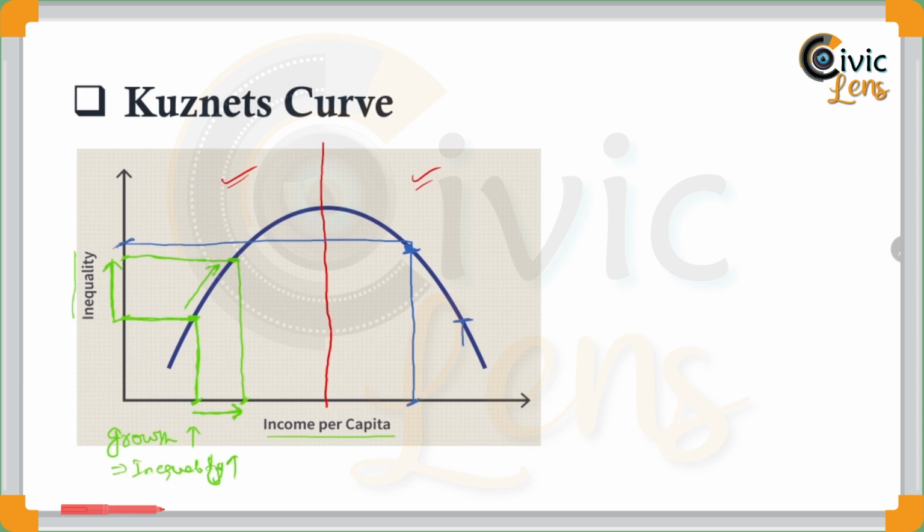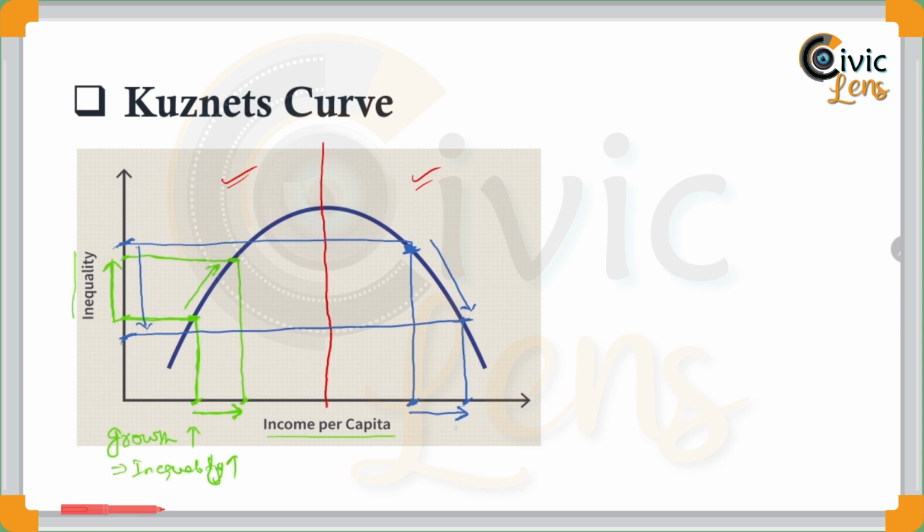And for this point, again, if we join it by horizontal and vertical lines, income per capita level is this much and inequality level is this much, right? So if we move from this point to this point on the graph, income per capita is increasing, but inequality is decreasing, right?